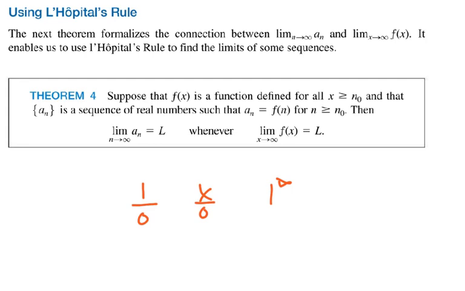And if we have an indeterminate form, one thing we know we can do is find that limit value by taking the derivative of the top and the derivative of the bottom separately. So if we define that sequence as a function, this function is defined for all x values greater than your n sub 0, and a sub n is a sequence of real numbers such that the sequence can be represented as a function.